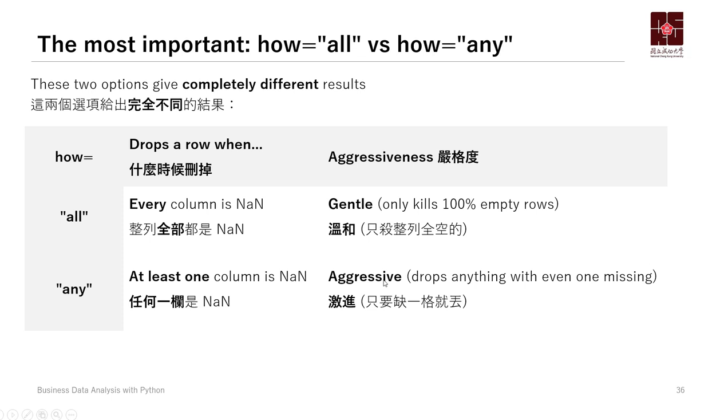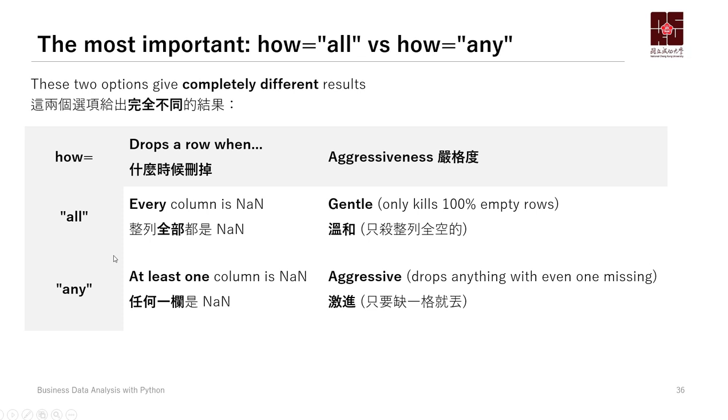And here, in the previous page we used all, but actually you can also use any. If today there is any column, any data that is NaN, we can drop it out. So that is an aggressive approach.